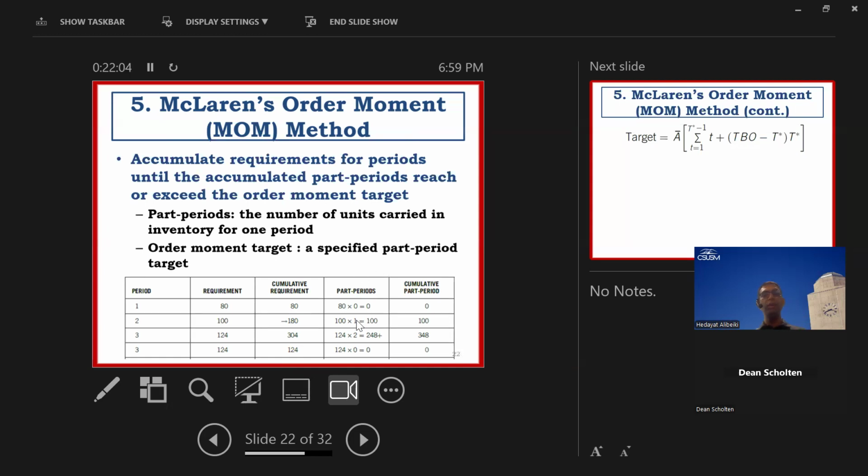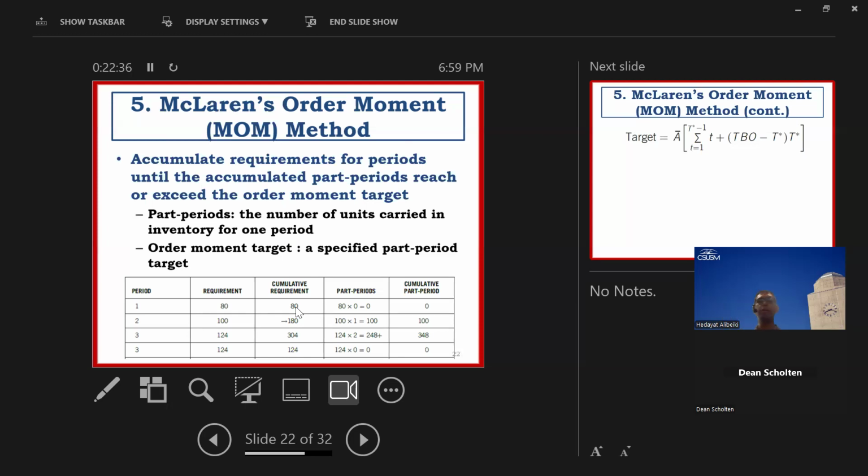Here, if I order 80, my part periods are going to be 0, so cumulative part period 0. Next one, 0 plus 100. Why 100? Because if I order 180 in period 1, I'm going to consume 80 during period 1. 100 is going to be carried over from period 1 to period 2, from week 1 to week 2.